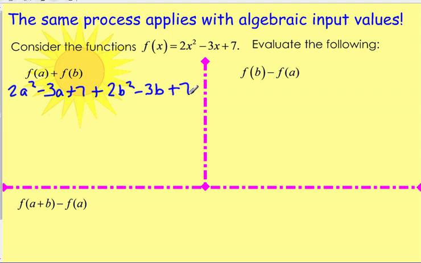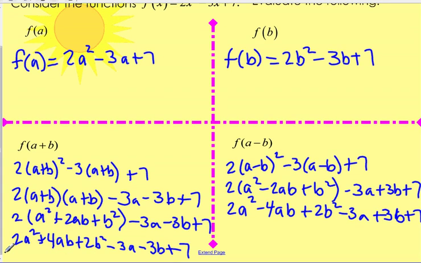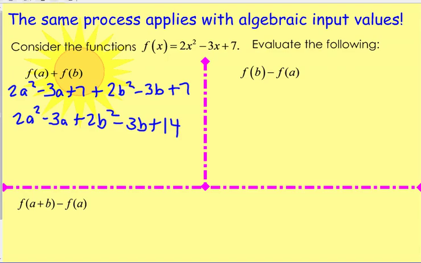So we're going to get 2a squared minus 3a plus 2b squared minus 3b plus 14. Notice that that is indeed different than what we got for f of a plus b versus f of a plus f of b. Those two are very different.